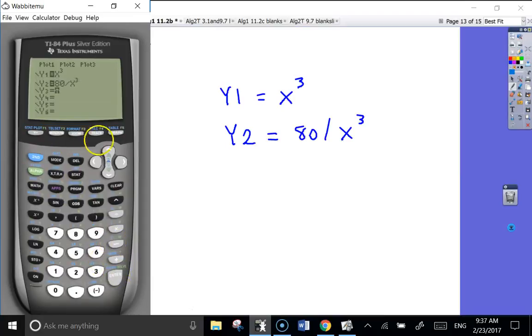Right, now I go to the table of values and I scroll down. In my x to the third column, I don't see 80, right? It goes from 64 to 125. So then I jump over to the second column and I look for the first non-decimal as I go up. And it is 10, right?